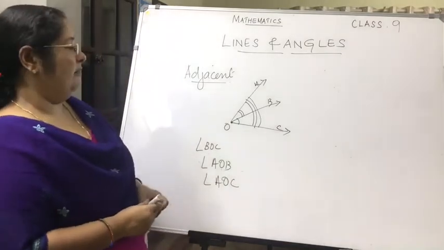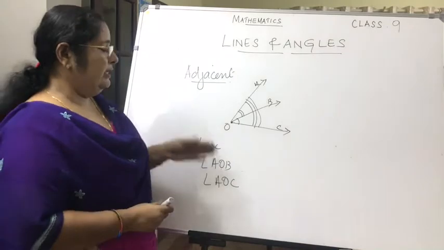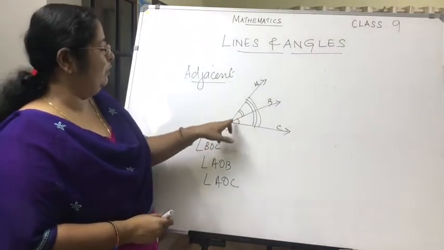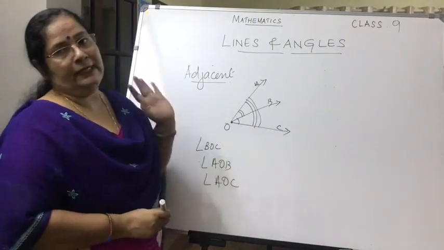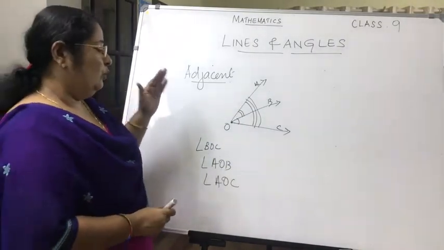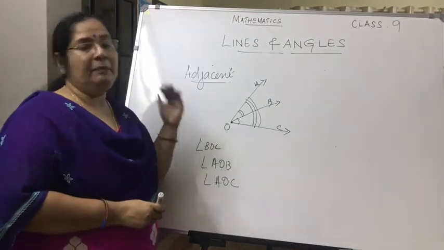So when we have three rays starting from the same point, we are having three angles formed. Which are the angles formed? BOC, AOB and AOC. Now, which among these three angles will form an adjacent pair?